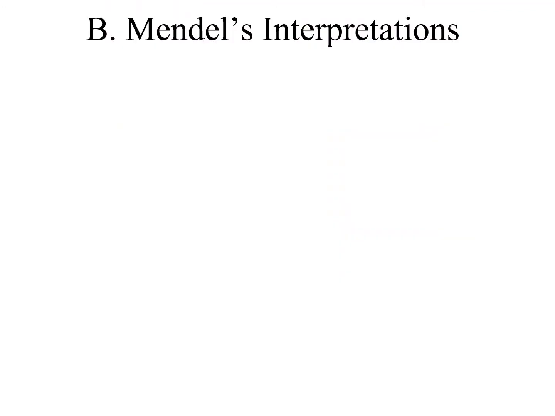All right, so how did Mendel explain his observations? What were his interpretations? Mendel made 5 assumptions. He basically said, I can explain these data if the following things are true.